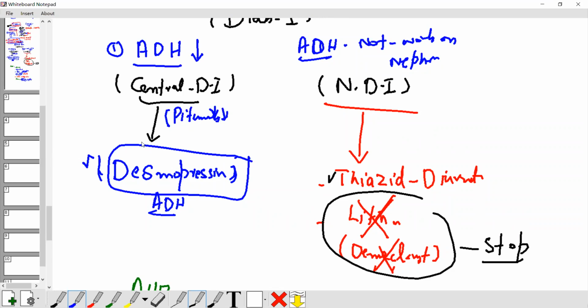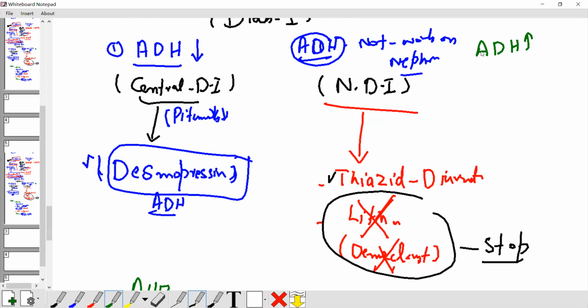If nephrogenic, ADH is not working. In this patient, if we check the ADH level, it is also high, while here you can see ADH is low.